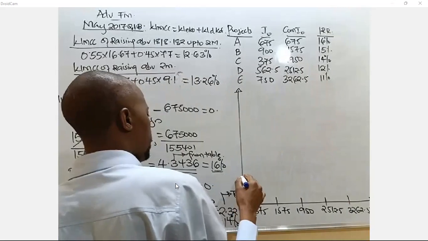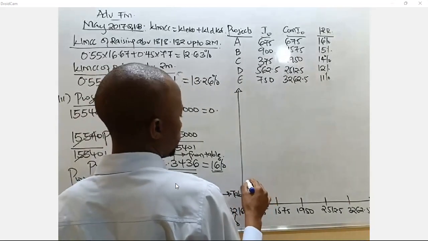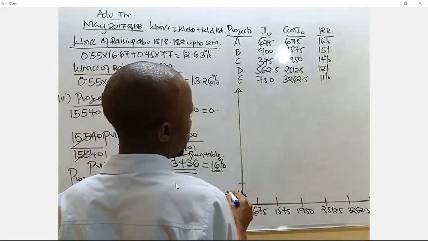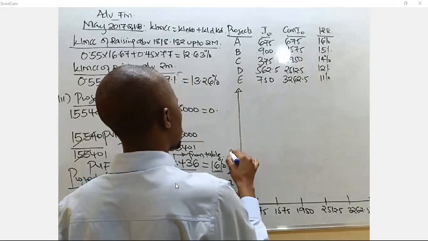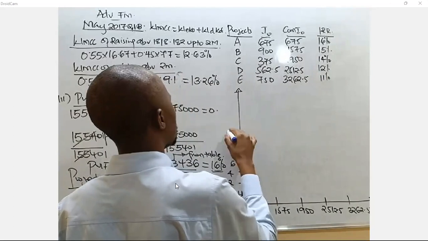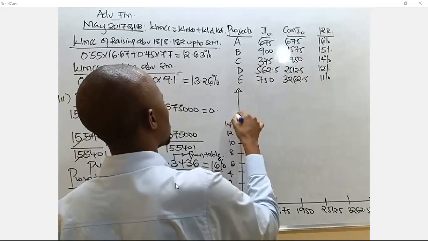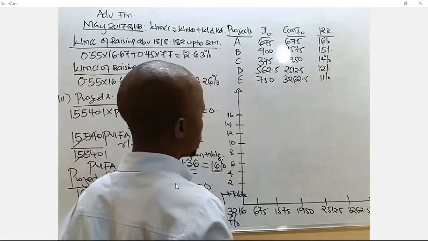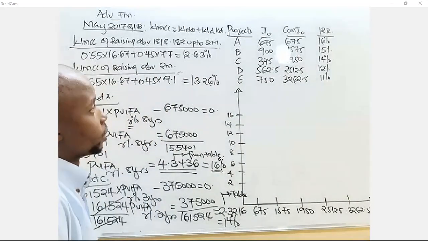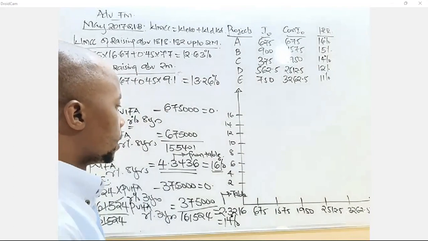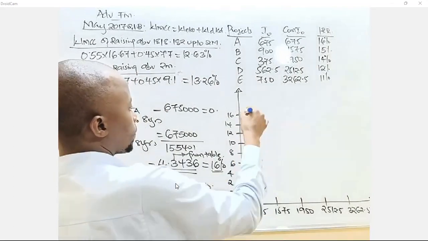Here we can come up with a good scale. We can talk about 2, 4, 6, 8, 10, 12, 14, and 16. Correct. So in this case, you start with the first one, 16, against 675.